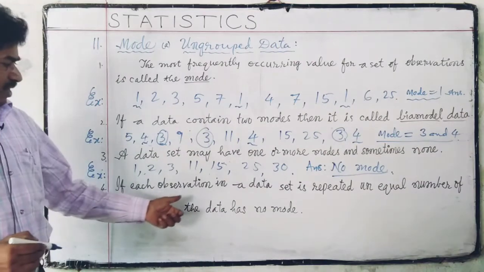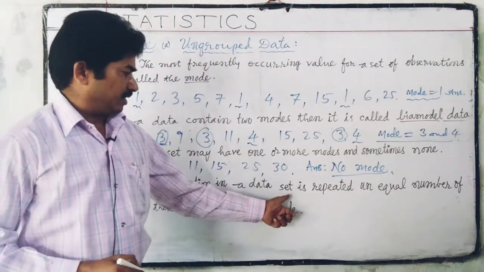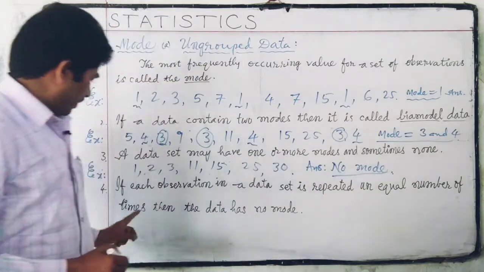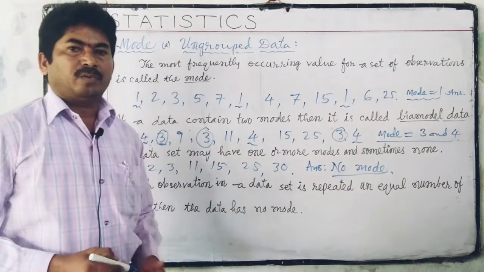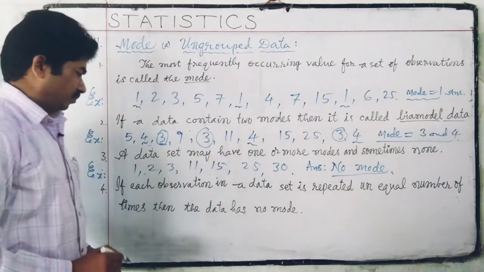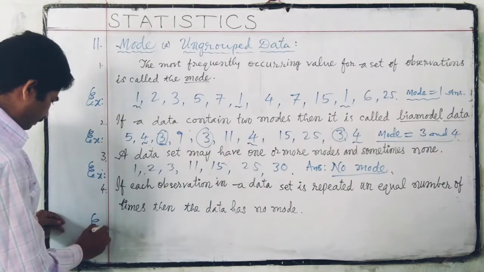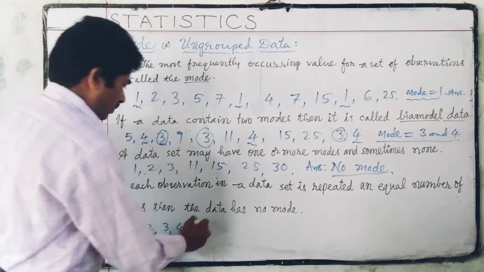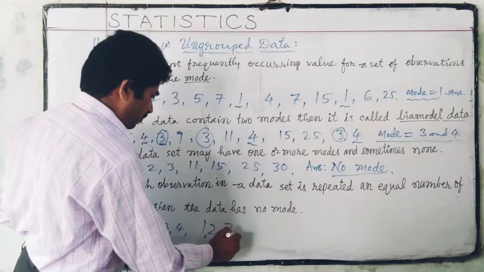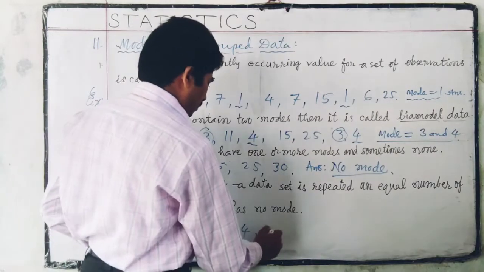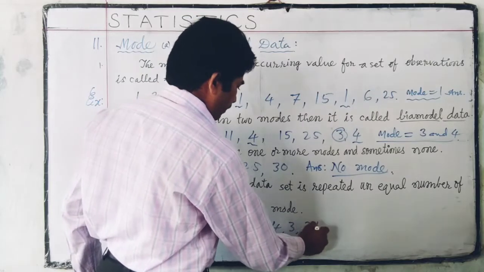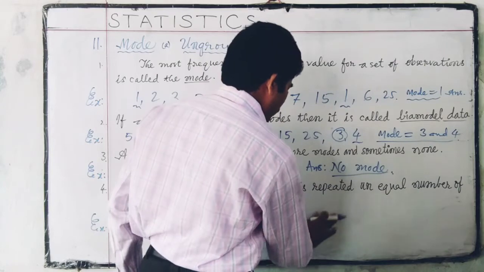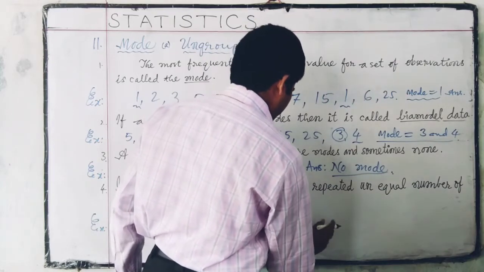Next, if each observation in a data set is repeated an equal number of times, then the data has no mode. One more example. 1, 2, 3, 4, 1, 2, 3, 4, 4, 3, 2, 1. So here is a data.